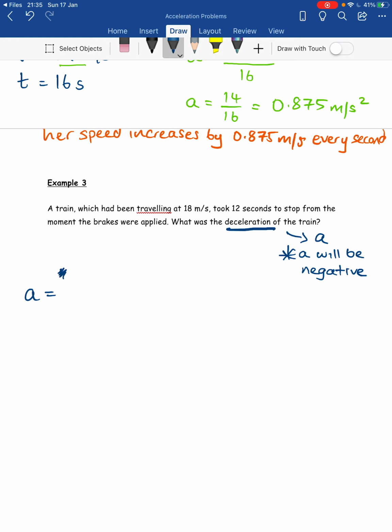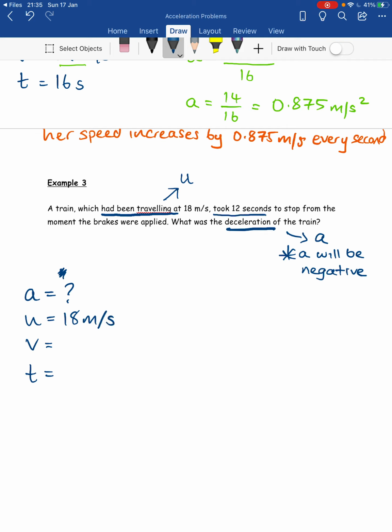Ignore that number 1 on the page. So A is going to be question mark, because that's what we're trying to figure out. It says the train had been travelling at 18 meters per second. So it had been going at 18 meters per second. That means that value is going to be our initial speed of U. And that goes in there.